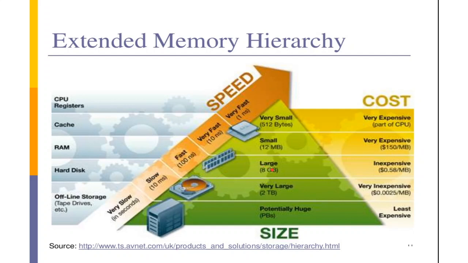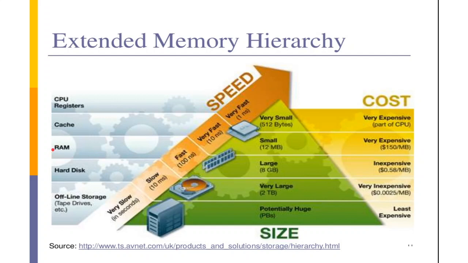Next is a little bit larger one, that is 8 GB, and it is a little slower. The speed is also written there, how fast it is: 100 nanoseconds, 10 nanoseconds and 1 nanosecond. It's inexpensive, not that costly, and large. That could be your RAM.